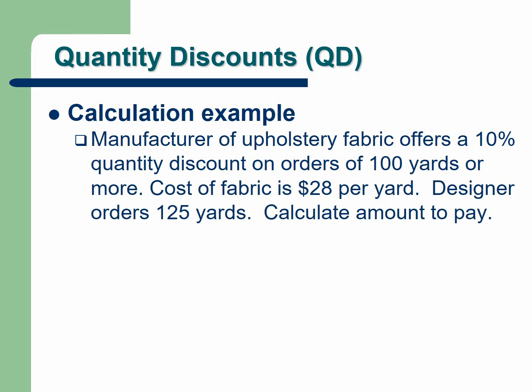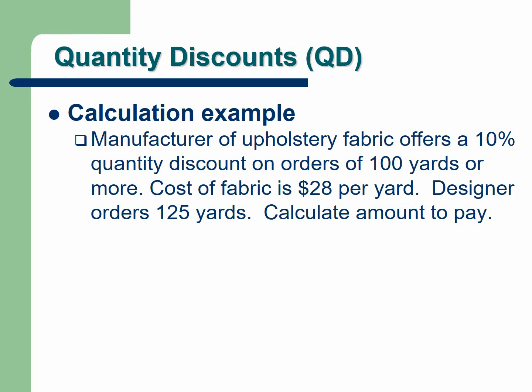A designer orders 125 yards. Let's calculate the amount to pay. So here, 100 yards is the minimum requirement to receive a quantity discount, and this designer ordered 125 yards. So certainly this order meets the requirement for getting the quantity discount.